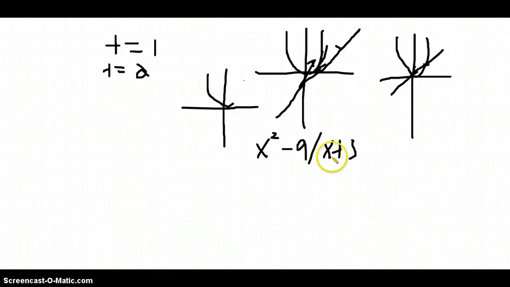So this bottom can't somehow make it to 0, which means that x cannot equal -3, right? Because that would make this bottom 0, and that makes it undefined, and you can't have that. So there would be a hole right here, and then the limit would be from the y value and the x value. You can find that limit. That's just basically graphically how to find it. You can also look at a table of values, and if you see it gets infinitely closer to a certain value, then that's probably the limit.